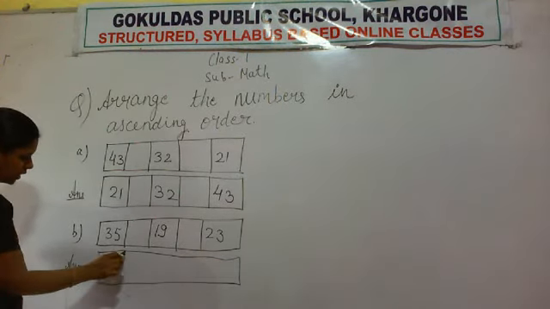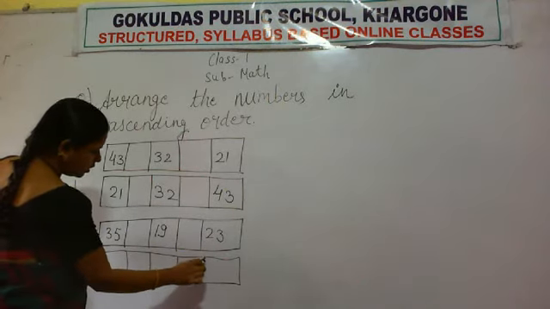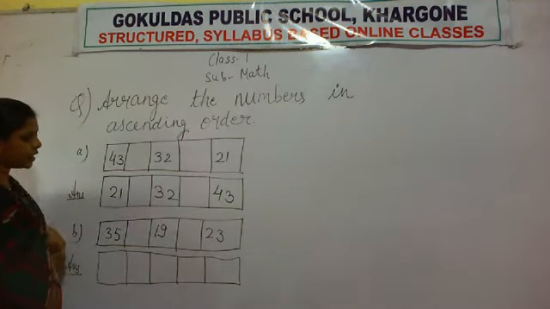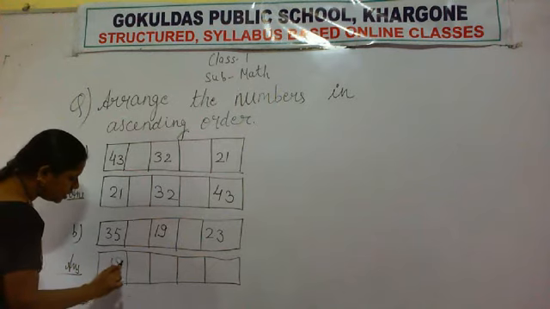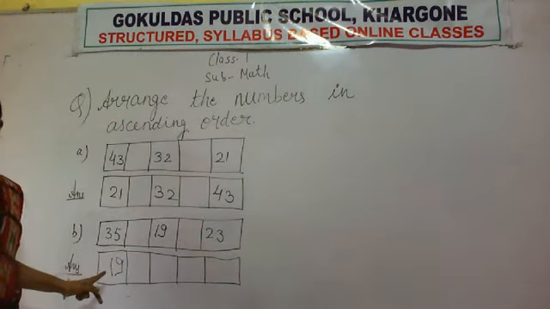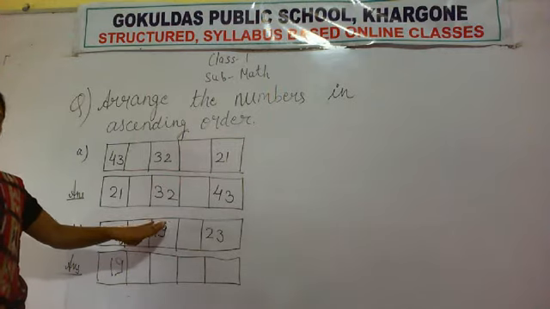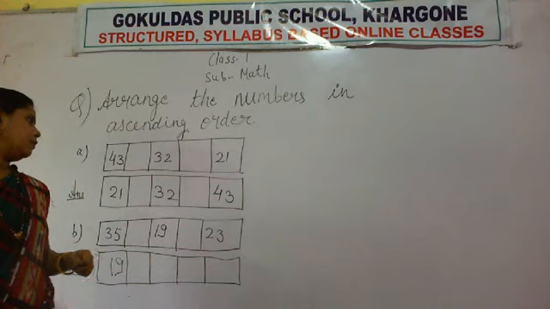So identify the smaller number. Which is the smaller number among 35, 19 and 23? 19. So write here 19. Write the 19 in the first box. Now the two numbers are 35 and 23.